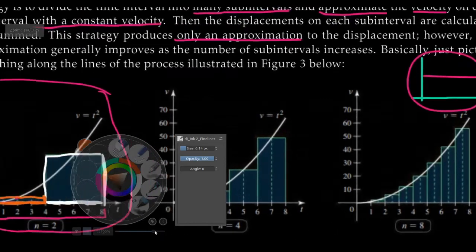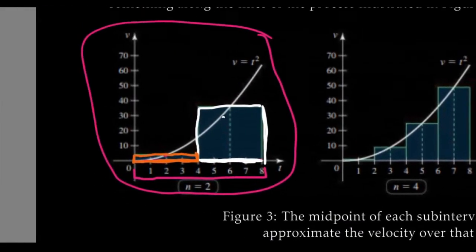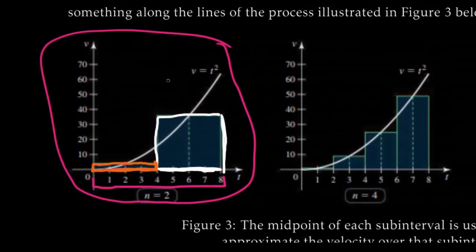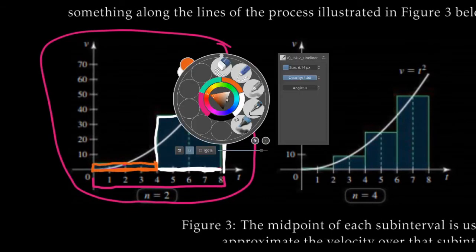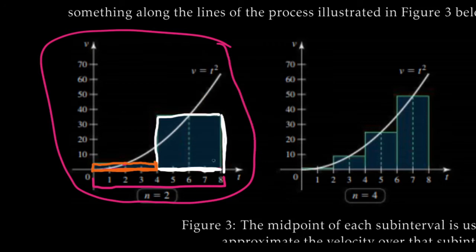Let's zoom in on it a little bit. So if I use this approximation, it's not perfect, but it's all right. If I look at what the actual area is, let me see if I can do this with a little bit of opacity. It'll be something like this guy here. So this is the actual area, and as we can see, I'm picking up a little bit more than I need in some places.